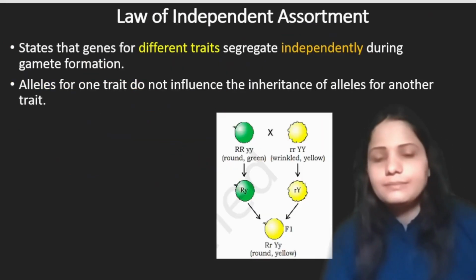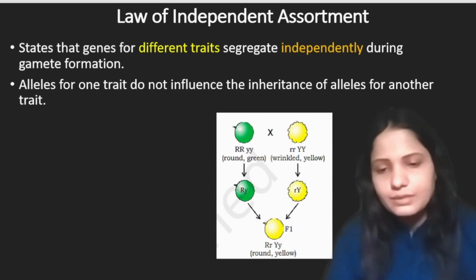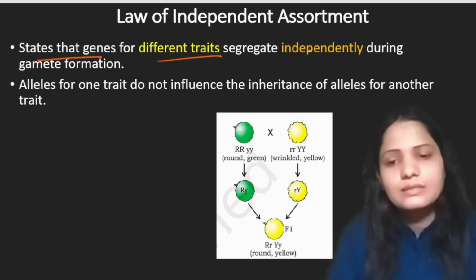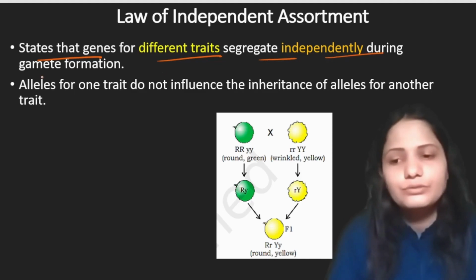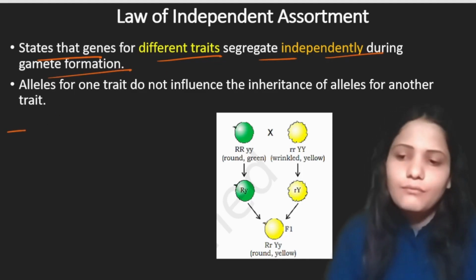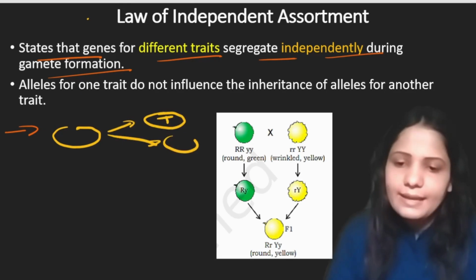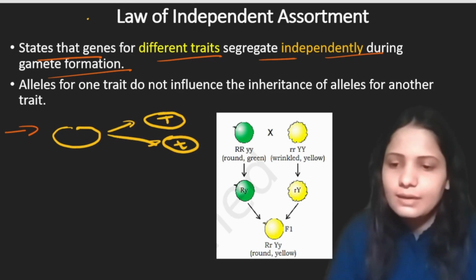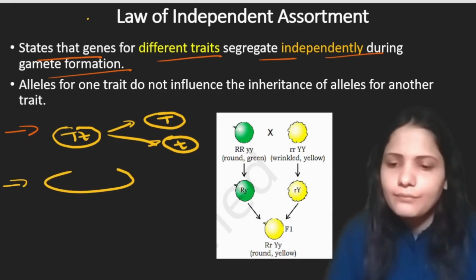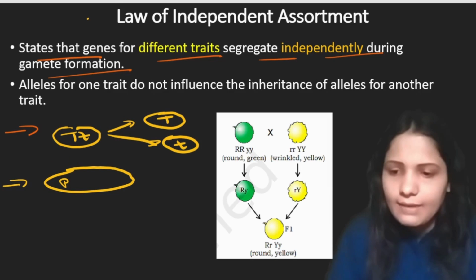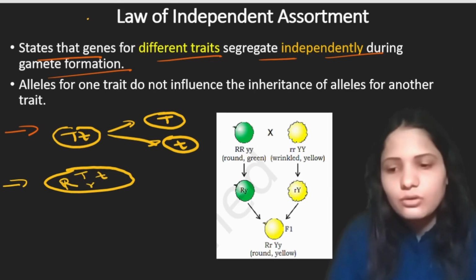Law of independent assortment. The law of independent assortment states that genes for different traits segregate independently during gamete formation. From the law of segregation, we know that during gamete formation, each allele is separated into a gamete. Now if we have multiple characters at a single time, let's say in this cell we have the character for seed shape.